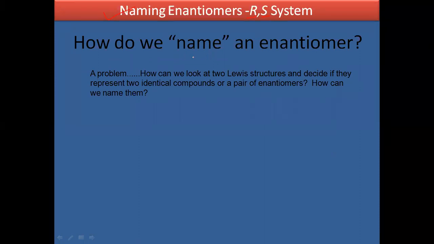So how do we name enantiomers? There is some difficulty. How can we look at two Lewis structures and decide if they represent two identical compounds or a pair of enantiomers? Then how can we name those particular enantiomers?